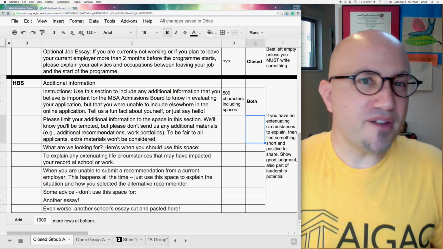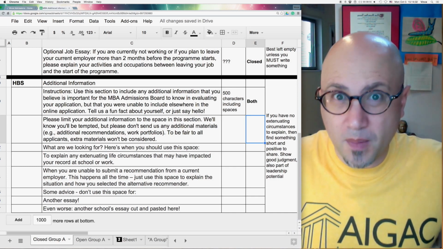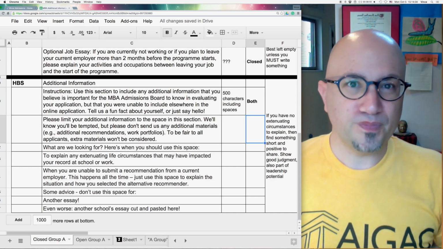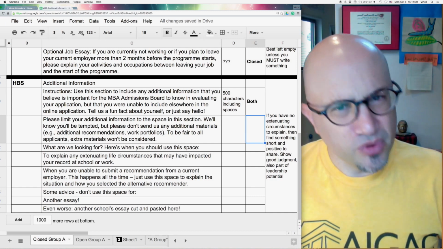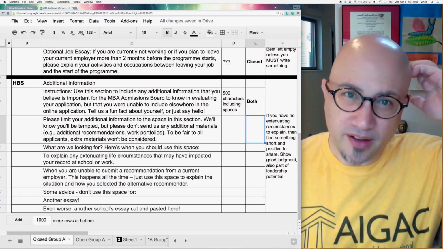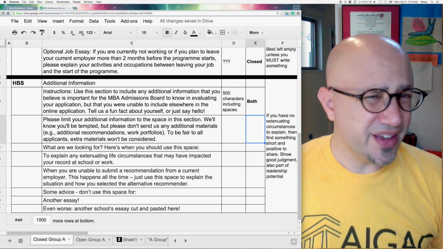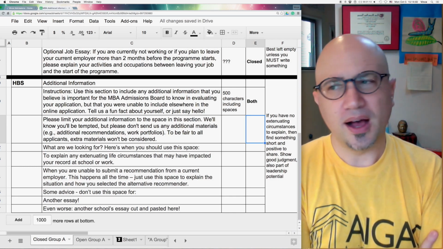They're pretty confident they have a 90%, 9 out of 10 people that they take come. They're at the top of the pile in terms of yield. Do they really want you to spend 500 characters basically begging them and trying to show your love for the school? Maybe, if it's a great story, but nah, I don't think so.